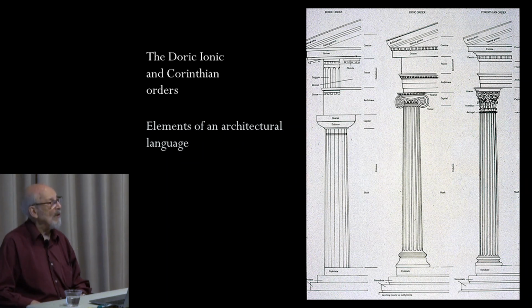It has its vocabulary, the various elements, its syntax or grammar, the way in which the use of those is controlled by tradition and custom, and then the expression, just as in language, we can use it in a boring, monotonous way, or we can express emotions or ideas as the Greeks did in their architecture.